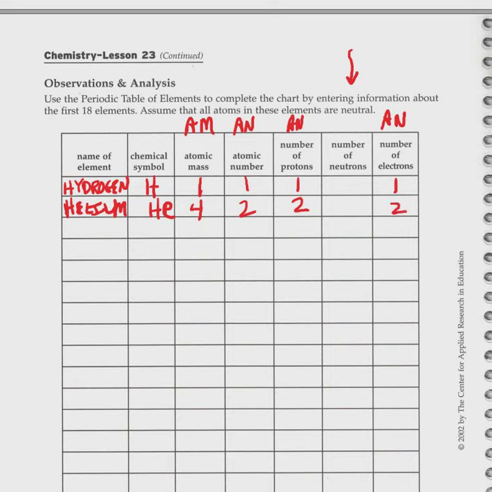So the way we figure this, I'm going to put the formula up here.